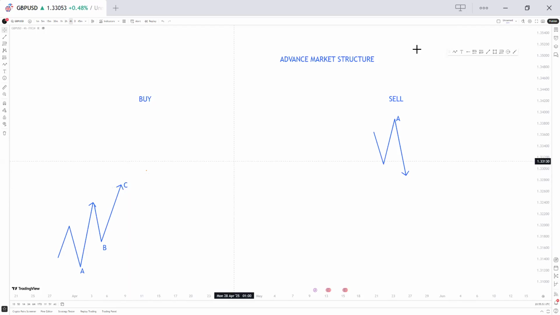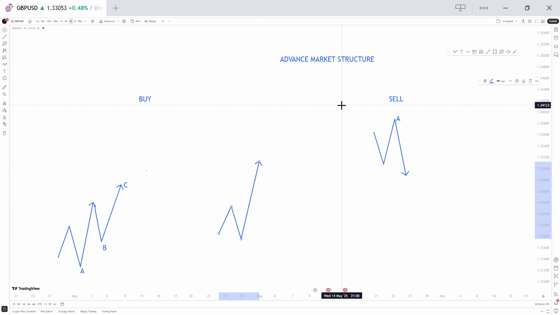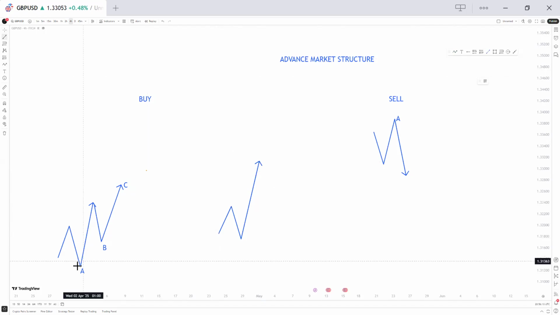Now, I taught you something. I was saying that in the basic market structure, your swing is something like this. Your swing structure is from here to here. You understand? But in the advanced market structure, your swing is from here to here.